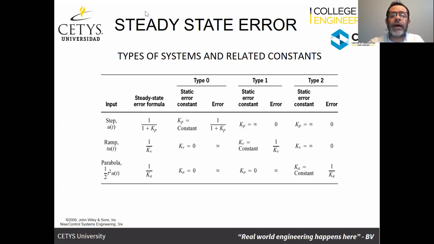So if we have no S, it's called type 0, which is basically S elevated to this power. And depending on the type of system, it's how it's going to react. So a type 0 system, one that doesn't have an S, is going to have a constant error with regards to the step. It's not going to be able to do its job with regards to moving references.